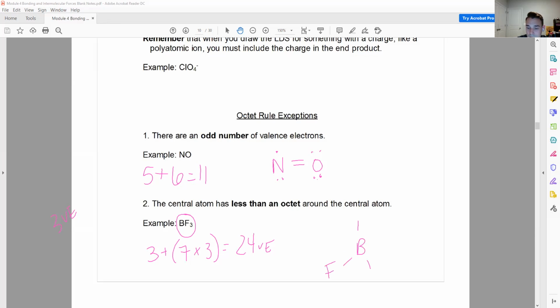So boron can bond with the fluorine. Then we got 8, 16, 24. The fluorines are all happy. Boron is okay with less than 8. Boom, there you go.